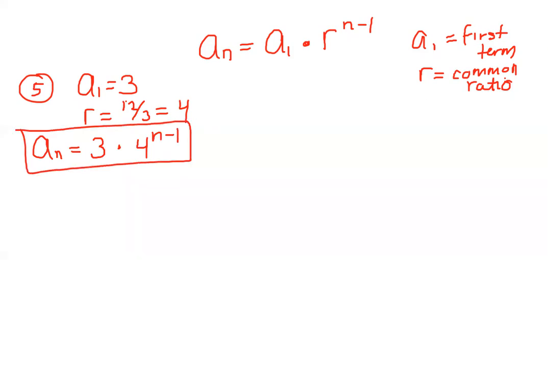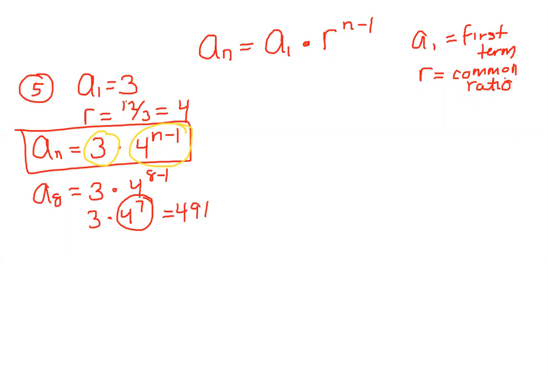You do the power first and then multiply by 3. To find a_8, that's 3 times 4 to the 8 minus 1, which is 3 times 4 to the 7. You do 4 to the 7 and then multiply by 3, and you should get 49,152.